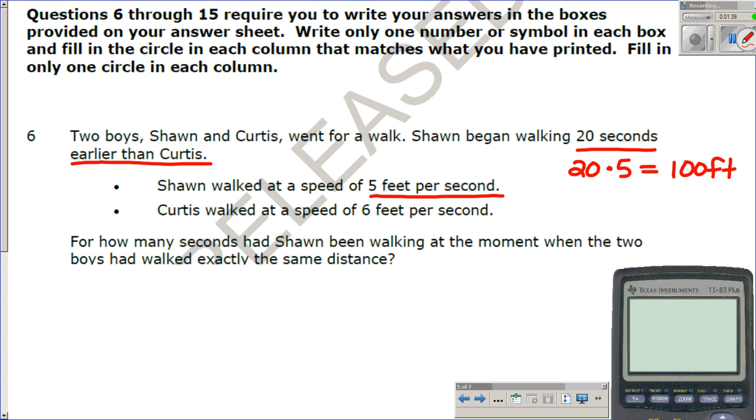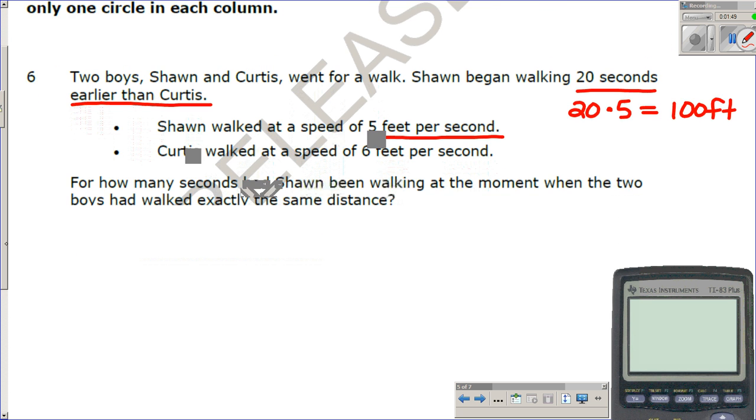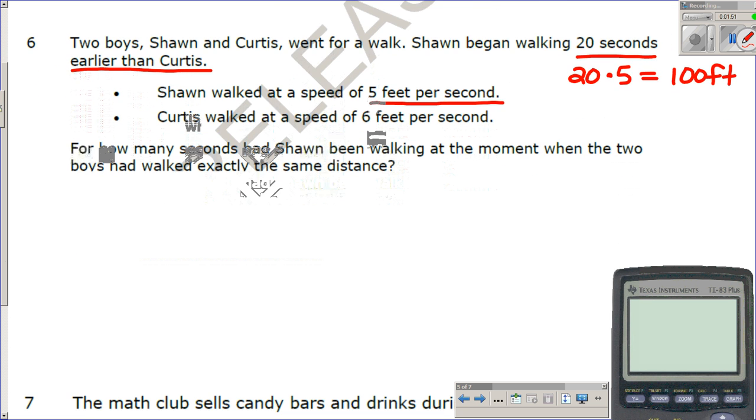Our question asks, how many seconds had Sean been walking at the moment when the two boys had walked exactly the same distance? So since they're walking at a rate of change of either 5 feet or 6 feet per second, we are going to write a linear equation for each boy.